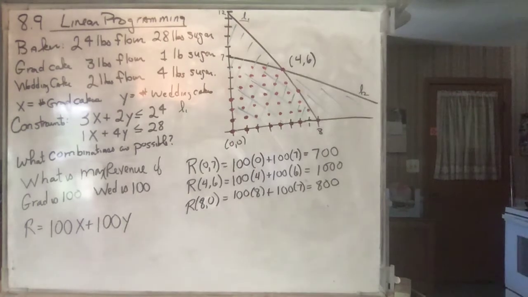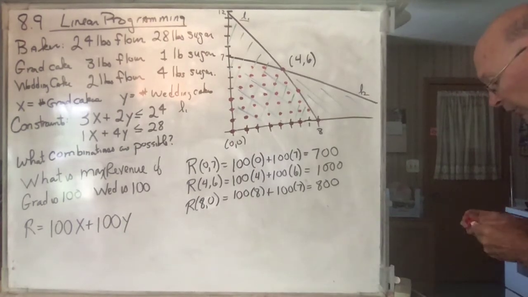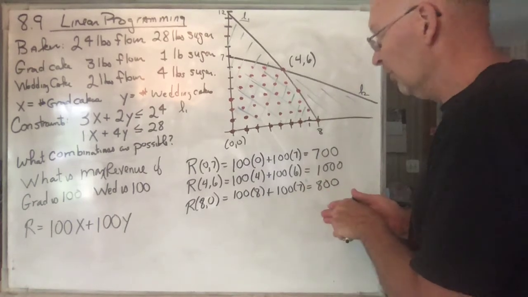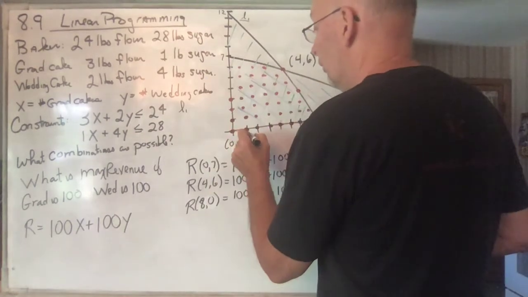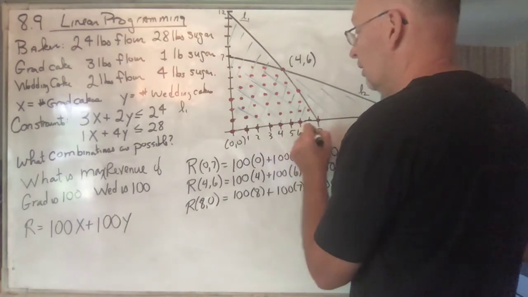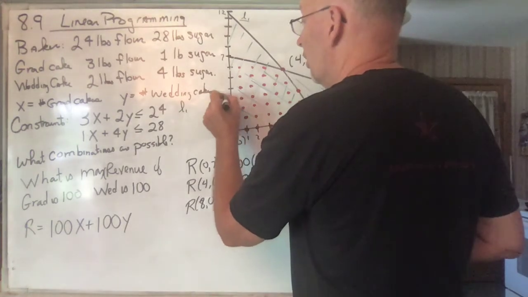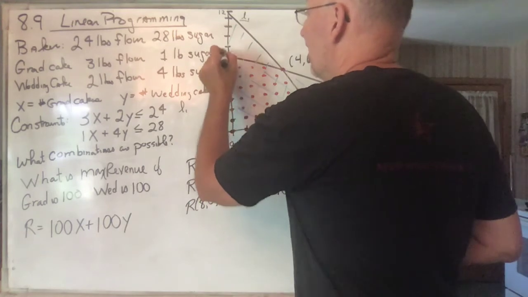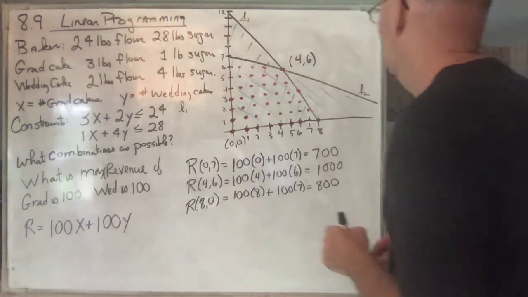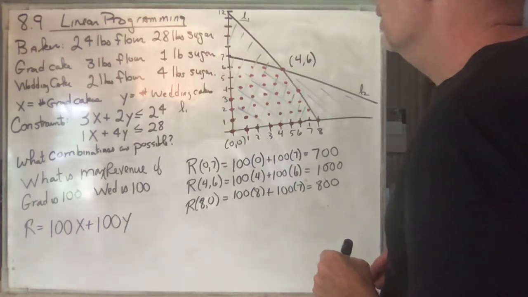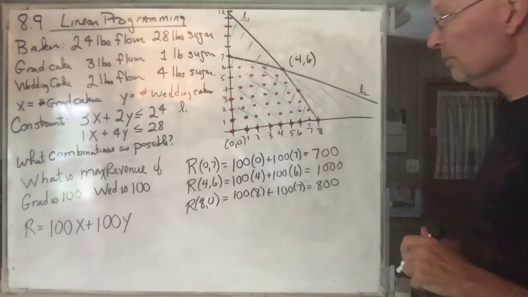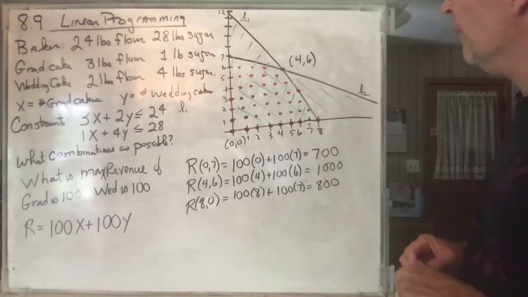Okay, so all of those are possible choices for the number of graduation cakes. 1, 2, 3, 4, 5, 6. Oh yeah, 7, up to 7. That's right. I did that right. Okay. So there you are. So all those are possibilities.